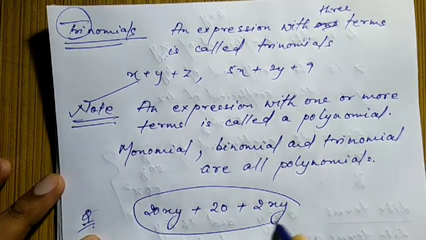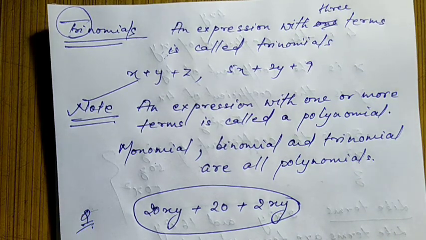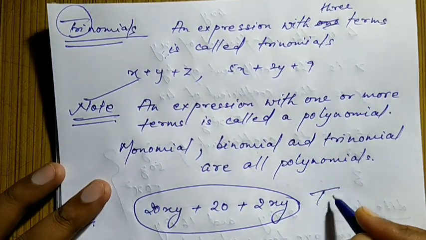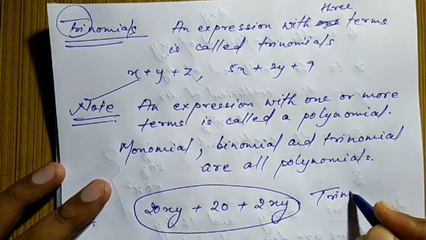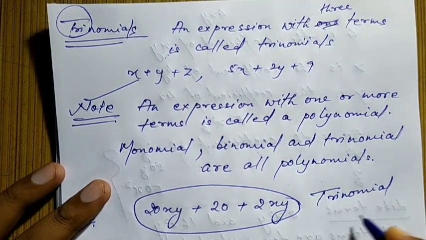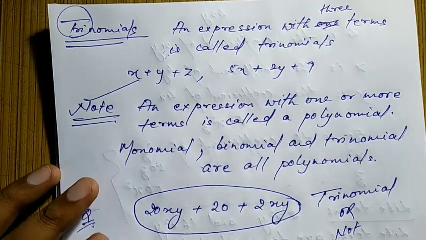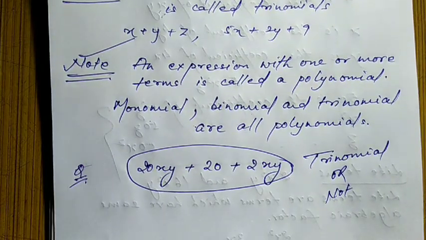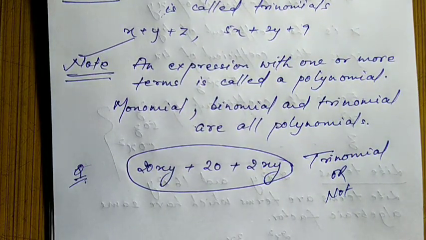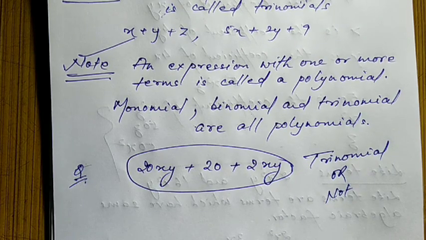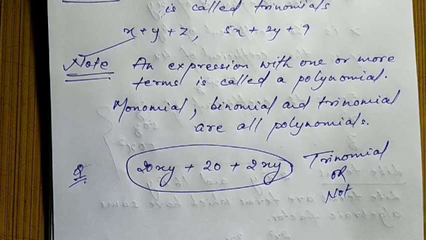My question is whether this algebraic expression is a trinomial or not. You also give the reason why it is a trinomial, and if not, then why it is not a trinomial. So this answer you will give in the comment box.